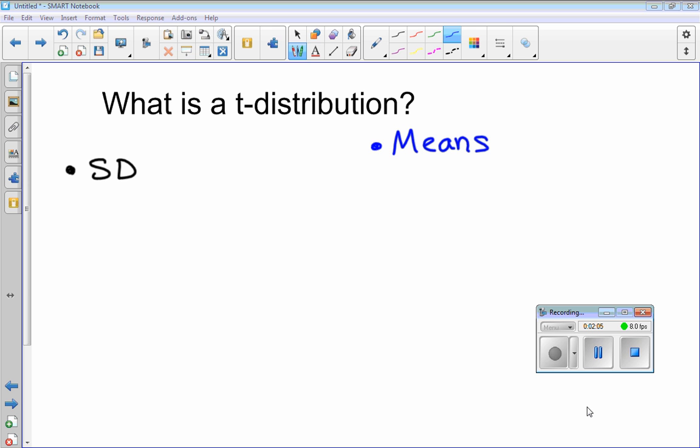Give me something else that you read about that was different about t-distributions. What about the shape of them? Are they similar shapes as normal distributions? The picture on page 523 is a good picture.